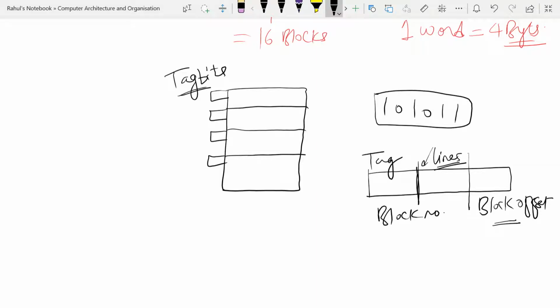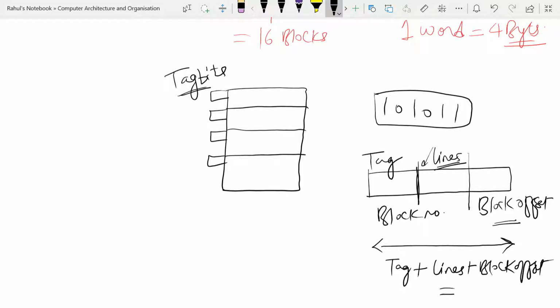So if we include the complete tag bits plus lines plus block offset, then it will become the main memory size.